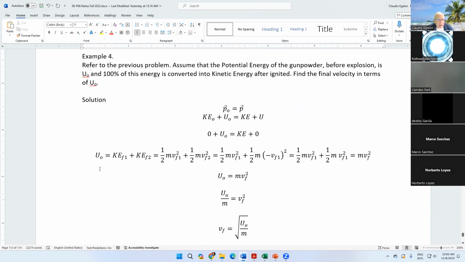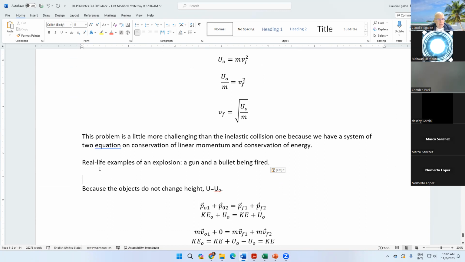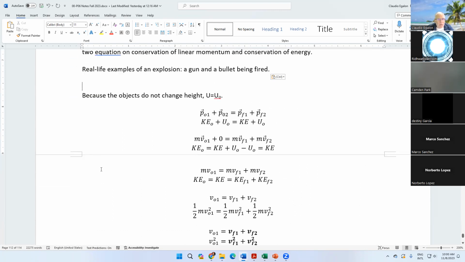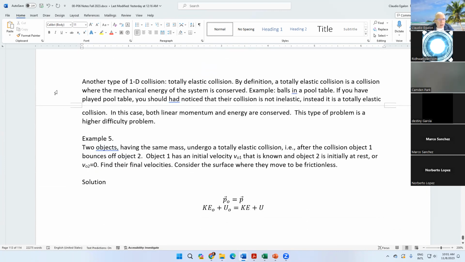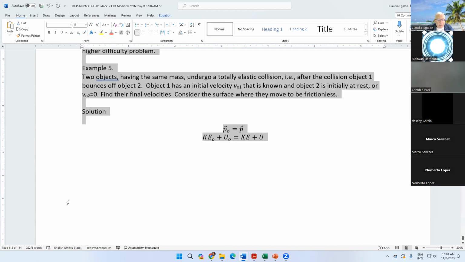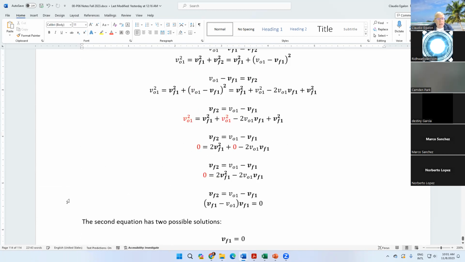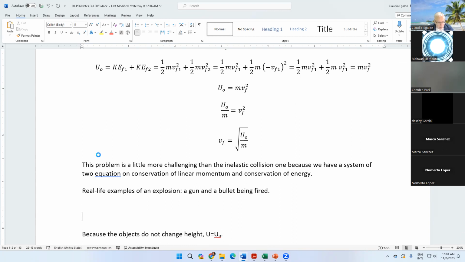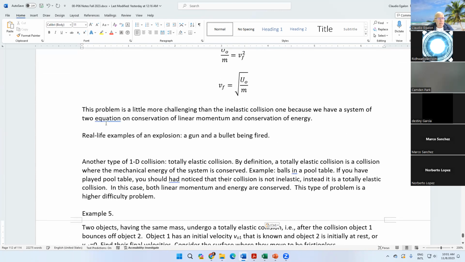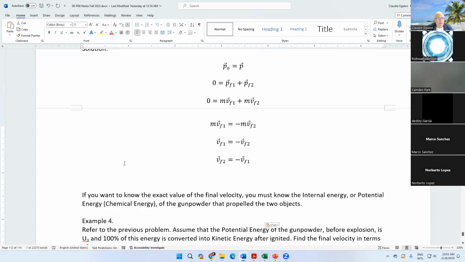Okay, and now it's just a matter of reorganizing it. Here you go. It's going to be like that. Okay. Here you go. Okay, so how is that?